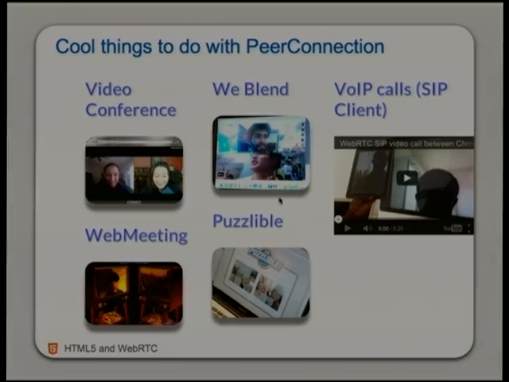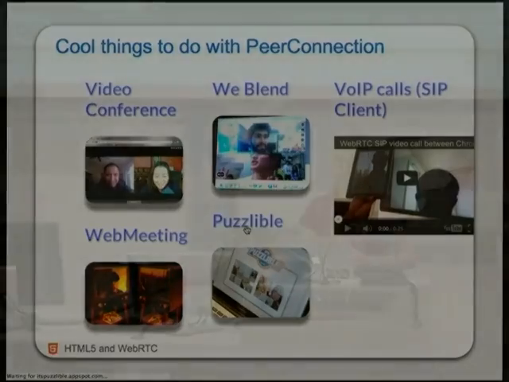Just for some fun. This one's quite funny. It's called Puzzleable. It uses the video from both ends and makes little puzzles out of them, which you then, with your mouse, have to put your own video together in the right way, and if you're faster than the other side, you win.